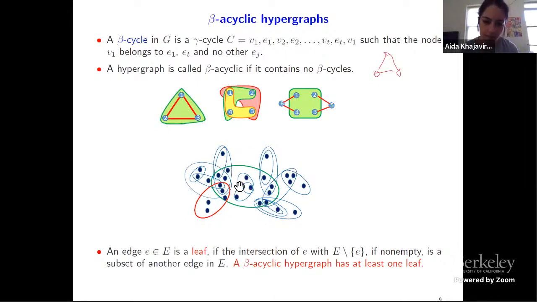Now you can see that beta acyclic hypergraphs are much more general than gamma acyclic. I do not have that laminarity anymore. These beta acyclic hypergraphs have a bunch of other interesting properties, but one thing that I just want you to notice is that if a hypergraph is beta acyclic, then I can always find an edge whose intersection with the rest of the hypergraph is a subset of a single edge, and such an edge is called a leaf.